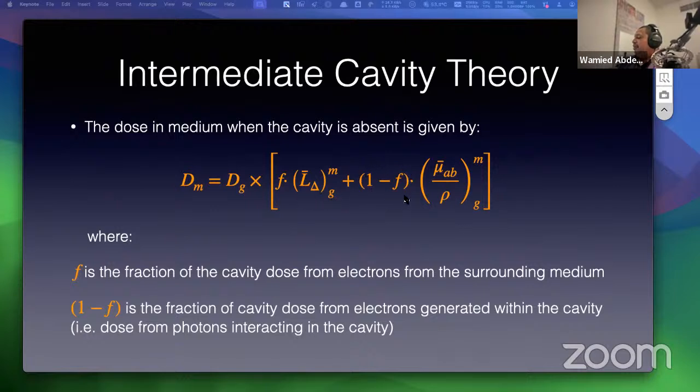And for the remaining dose, deposited by electrons produced within the cavity, we can use the large cavity theory. So the problem is, what is F? Through Monte Carlo simulations and so on, we could get an estimate of F. And obviously, F will depend on the beam, on the energies, and on the cavity size and medium. So this is the intermediate or general cavity theory.